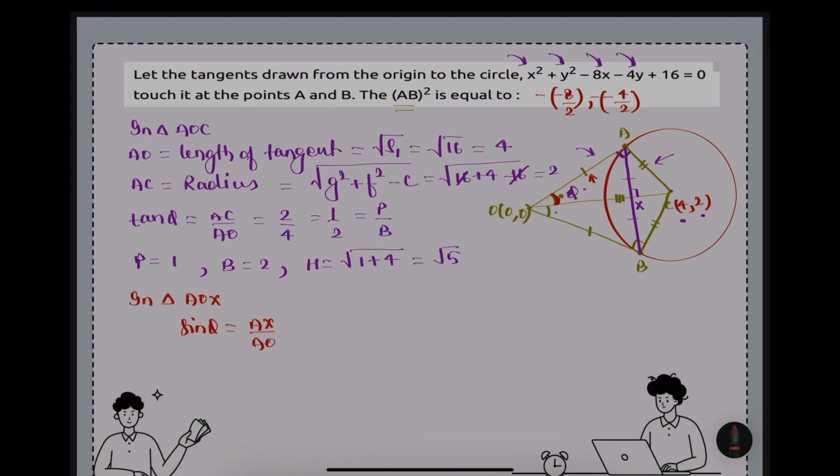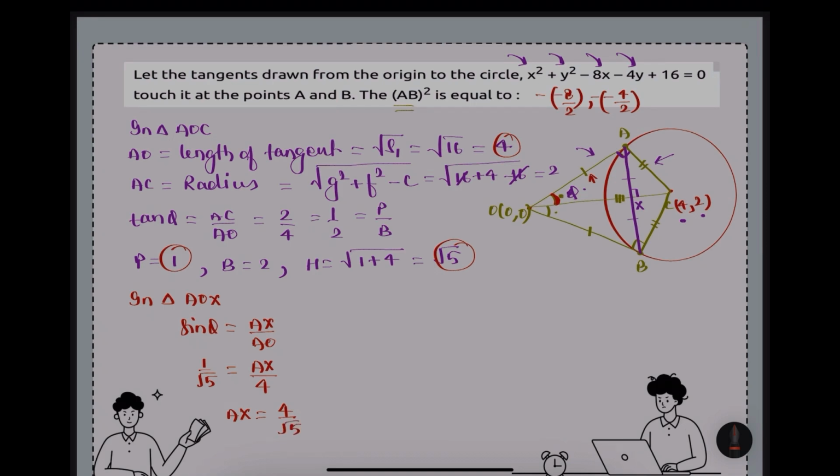AX we don't know, and AO we know it's 4. So AX is 4 by root 5.